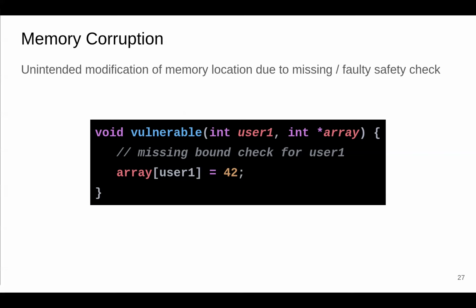If user 1 is 5, we access this element here. If user 1 is minus 20, we access this byte here, which is outside of the array. If it is plus 10, we access this byte over here, which means we're accessing data outside of the array, which results in a memory corruption.